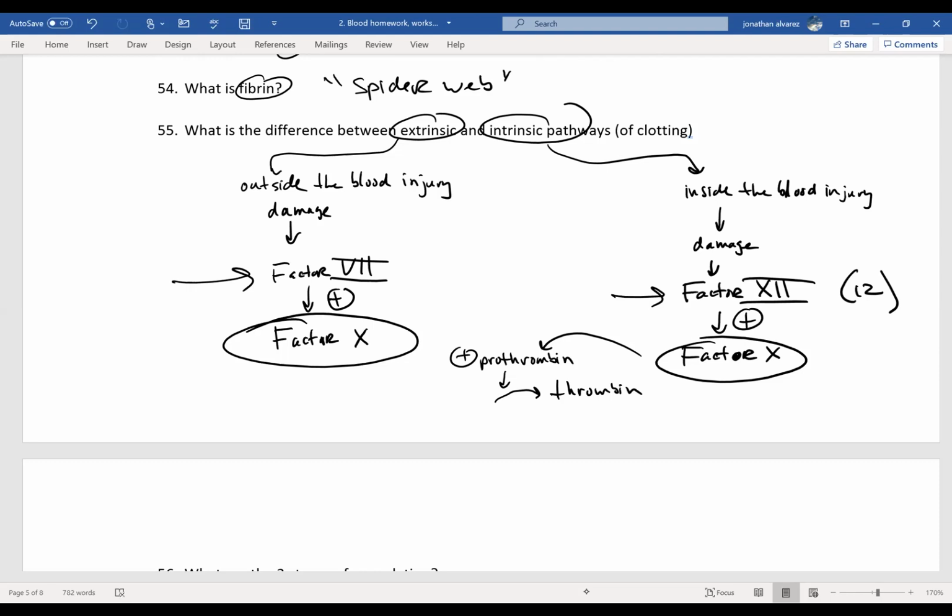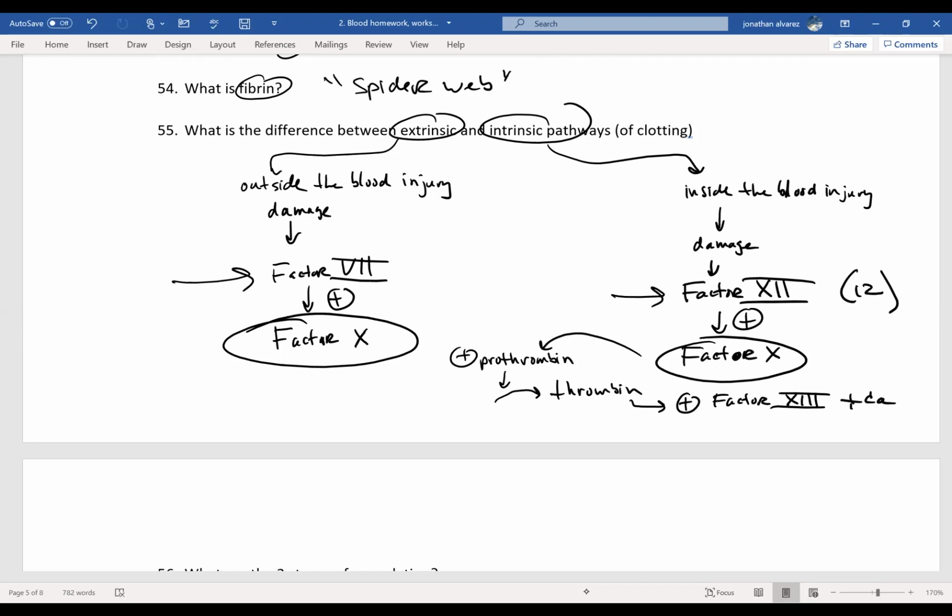Okay. So thrombin now activates factor 13 plus calcium.